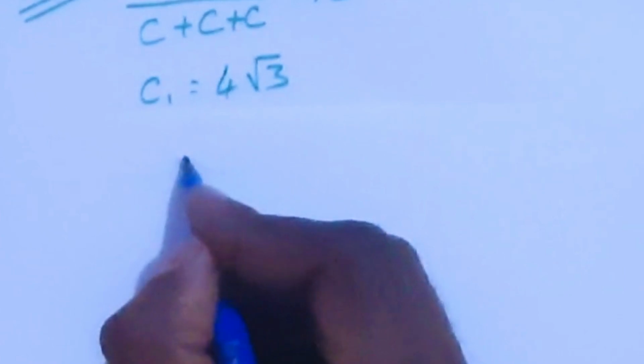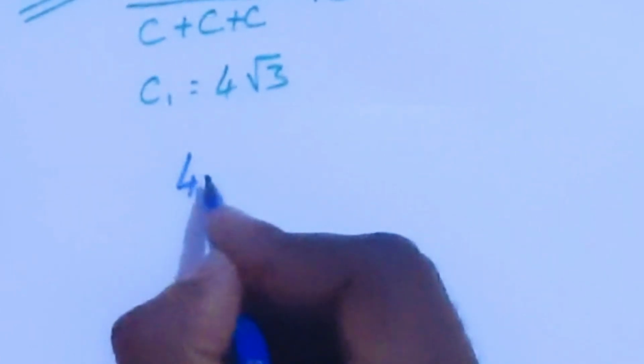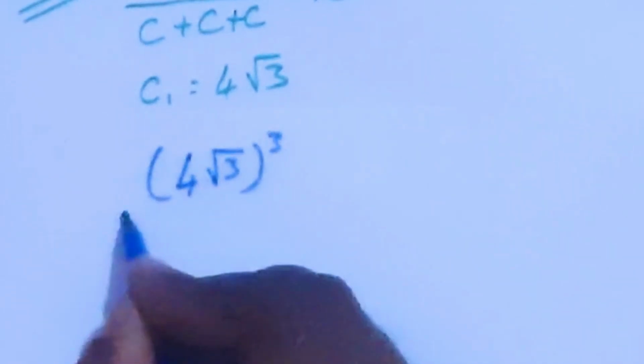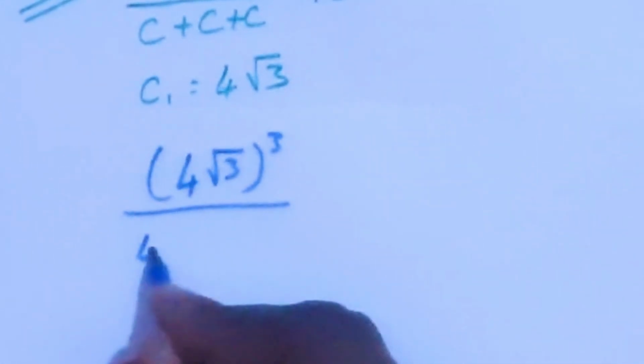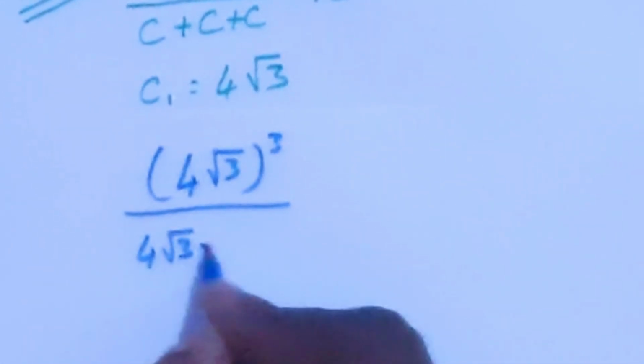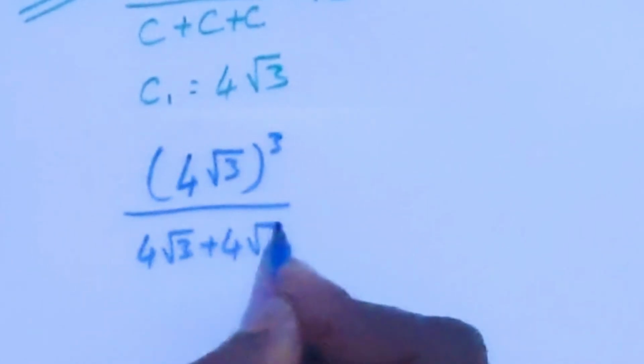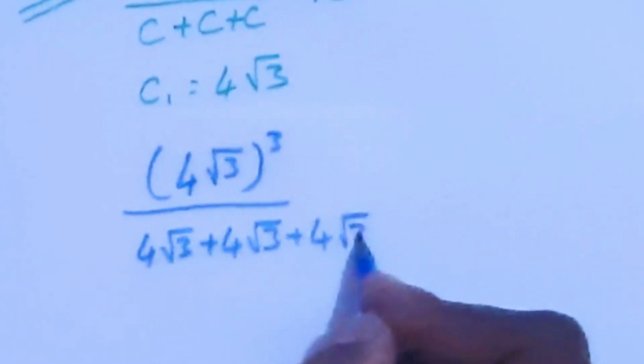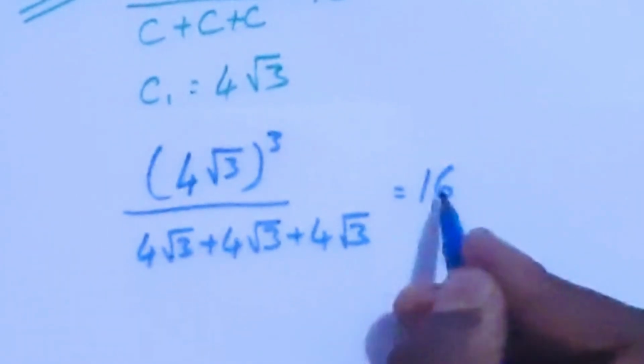So (4 square root of 3) whole power 3 by 4 square root of 3 plus 4 square root of 3 plus 4 square root of 3 equals 16.